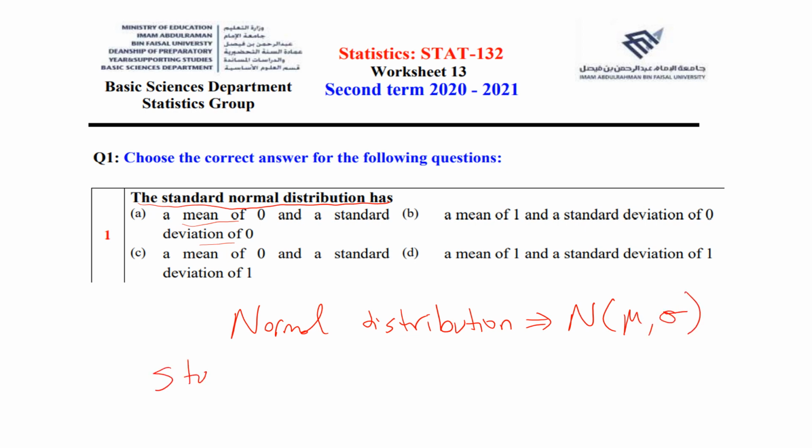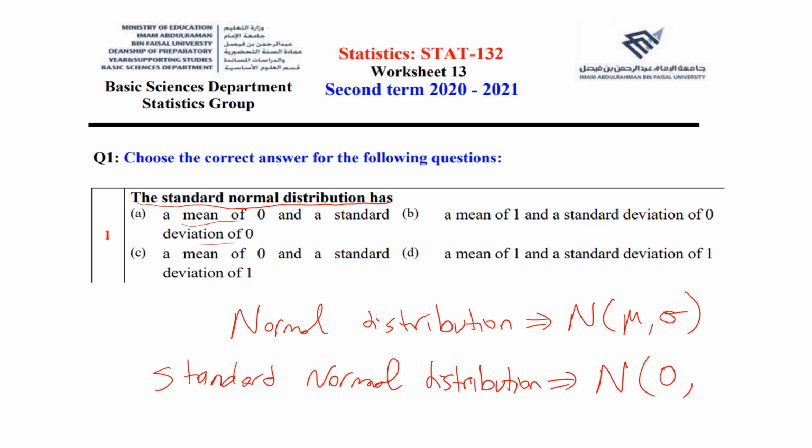But if we say it's a standard normal distribution, we mean a normal distribution with mean 0 and standard deviation 1. So the standard normal distribution has mean 0 and standard deviation 1. So in this case, it will be just C.